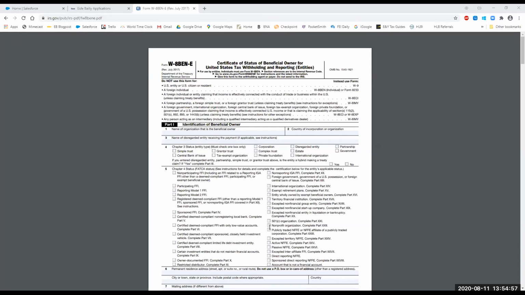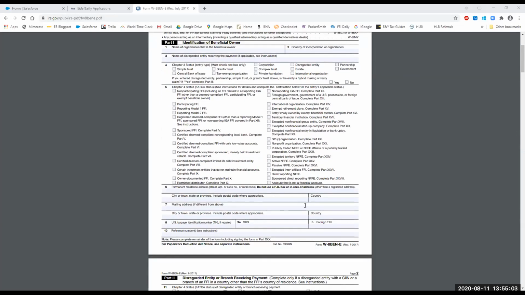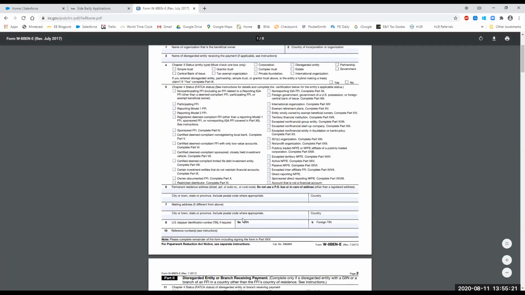So what happens is you check one of these boxes and then it tells you what part to fill out. The bottom part is also quite straightforward. Most of the time you don't need a US tax ID unless you are going to be withholding, and the withholding tax is something that they can get back, like on ECI, for instance. In that case, I'm sorry, the ECI form would be used for that.